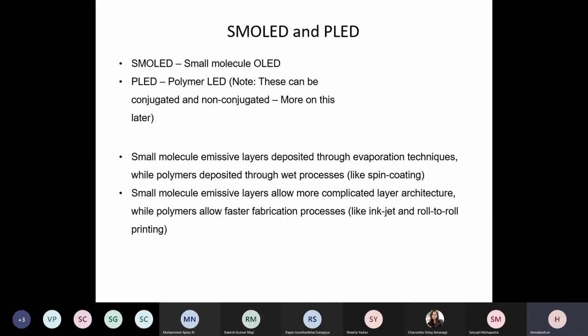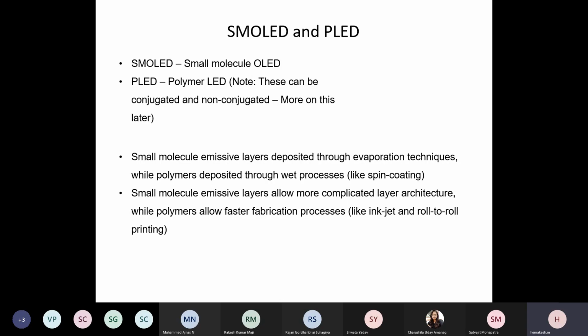So you vaporize under vacuum and deposit on a cooler film. For polymers, you deposit by spin coating. For small molecules, you can use screen printing methods to have more complicated layered structures.